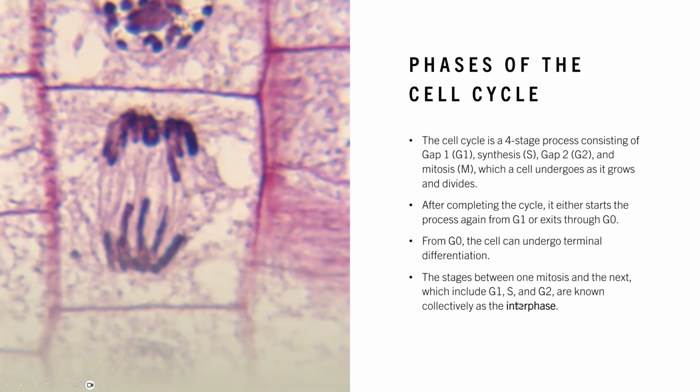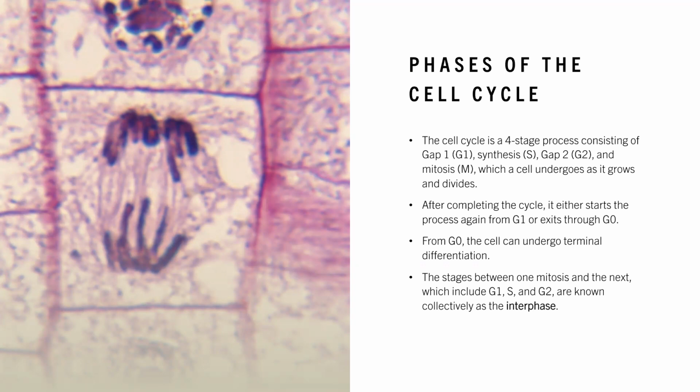After completing the cycle, it either starts the process once again from G1, or it may exit the cycle and go into G0, where no further replication is going to take place. From G0, the cell can undergo terminal differentiation.